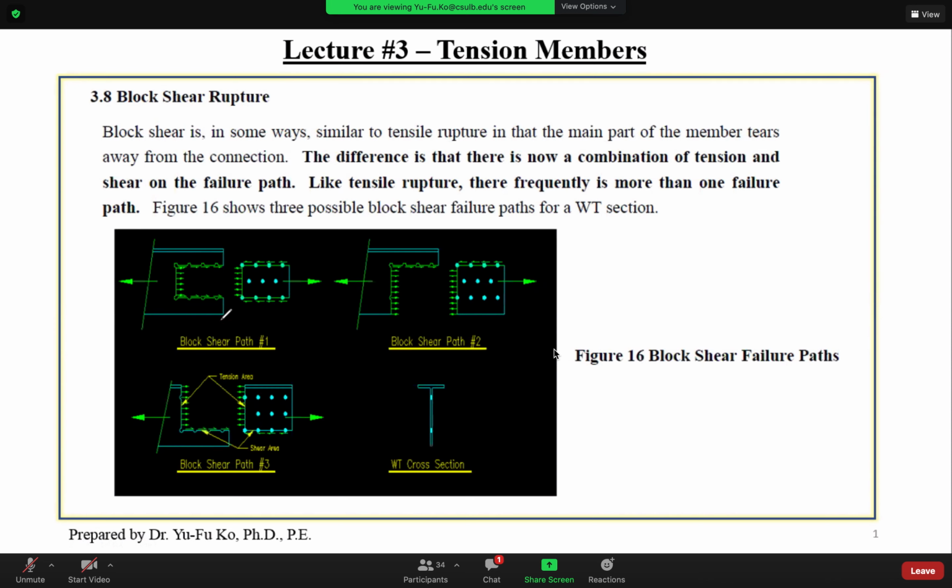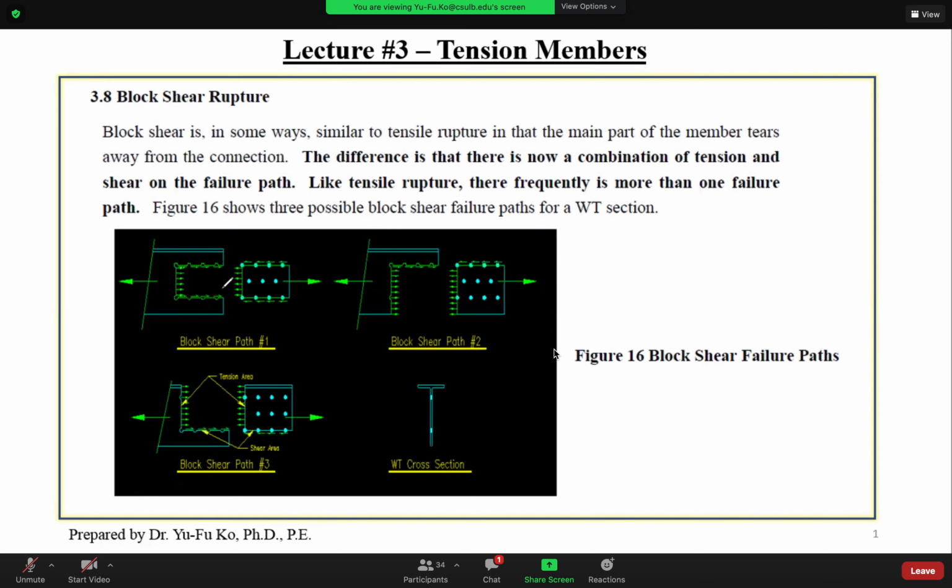As you can see, failure path 1, the piece of this guy is being torn out, torn apart like this. Another path will be like this. The whole piece got torn out. And another possible path will be like this. The whole piece is torn out like that. So this is what we call block shear.